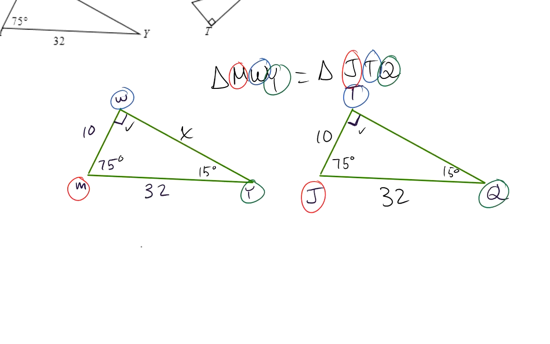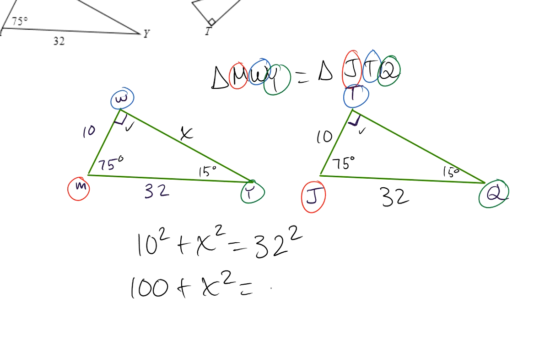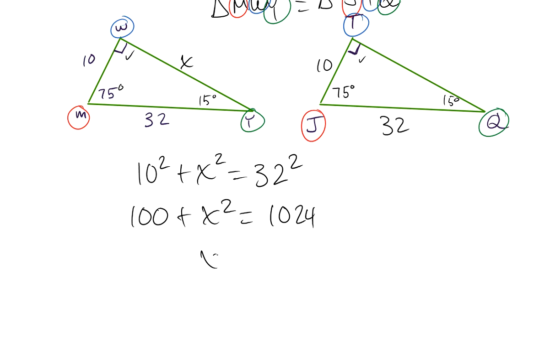But I know that in any right triangle, if I take one of the legs, square it, then add to it the other leg squared, I have to get the hypotenuse squared. So 10 squared is 100. So 100 plus x squared is equal to 32 squared, which is 1024. I'm going to subtract 100 from both sides, so that gives me that x squared is equal to 924.